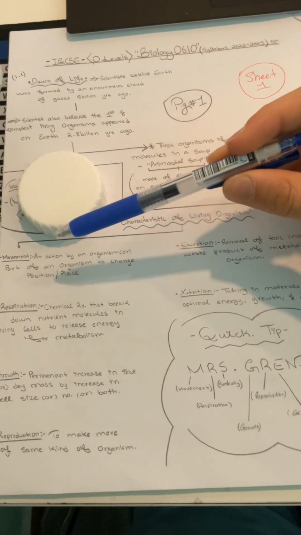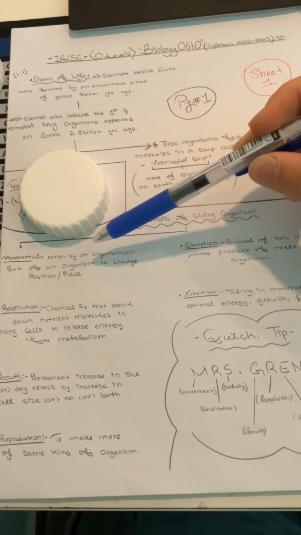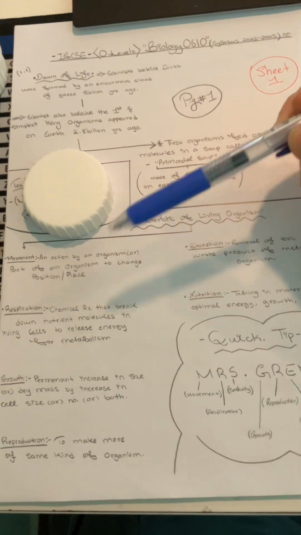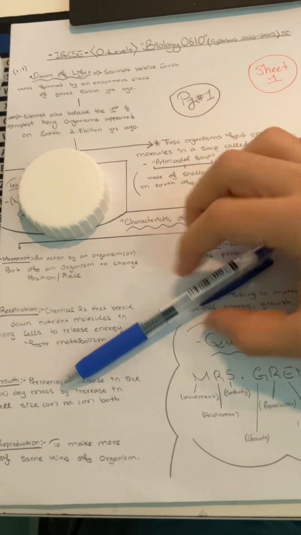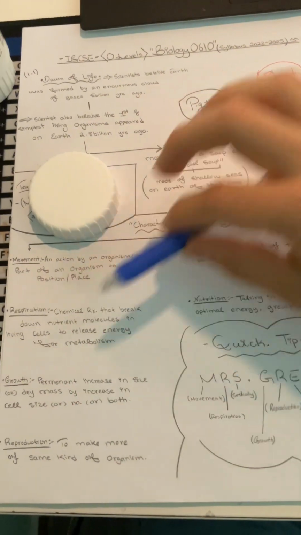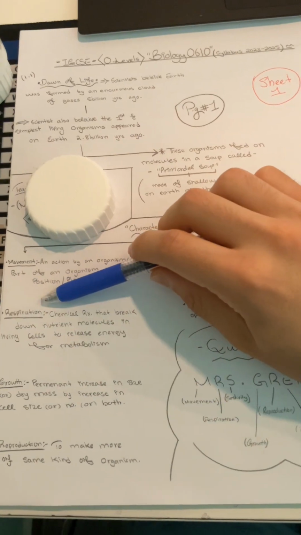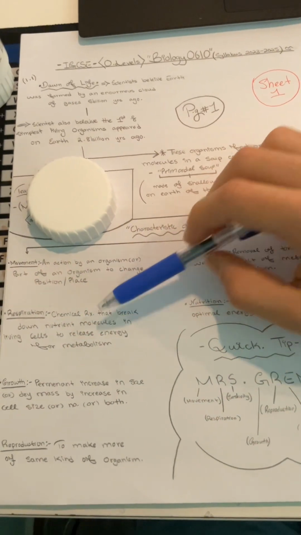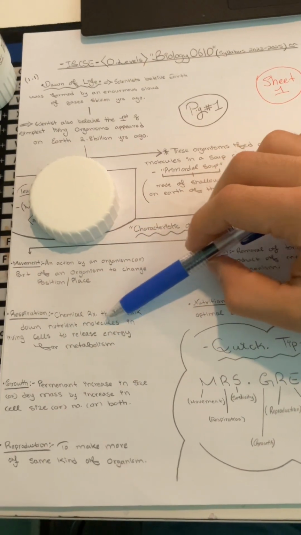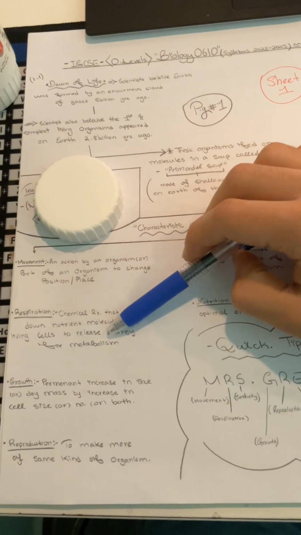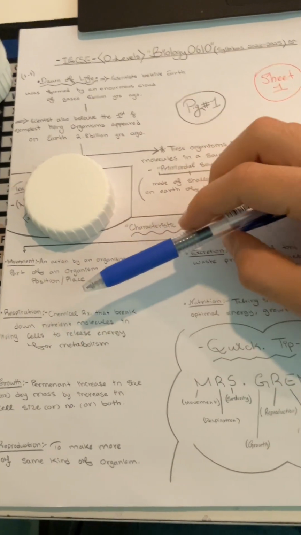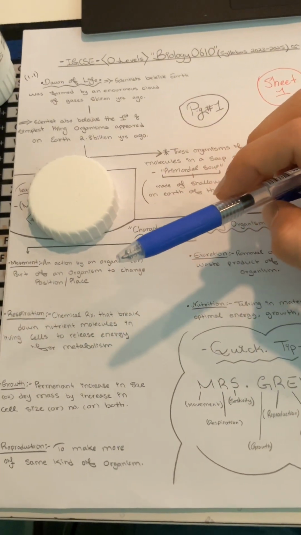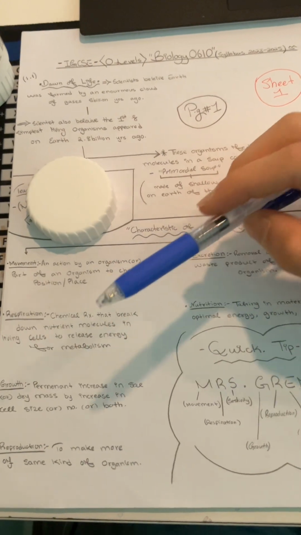Movement is an action by an organism or part of an organism to change its position from place to place. Respiration is the chemical reactions that break down nutrient molecules in living cells to release energy for metabolism. What controls respiration in your cell is the mitochondria.